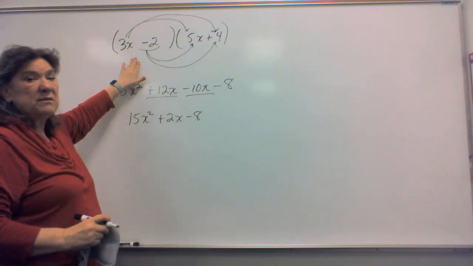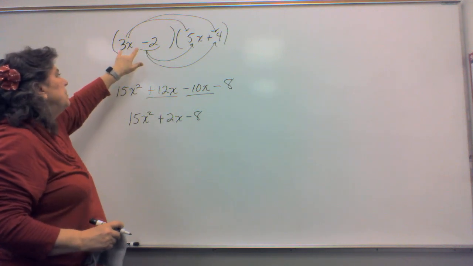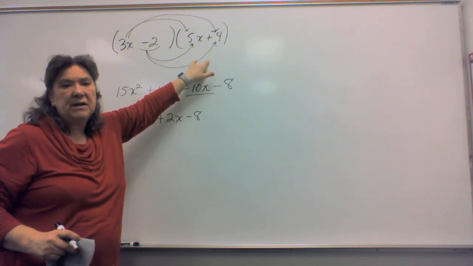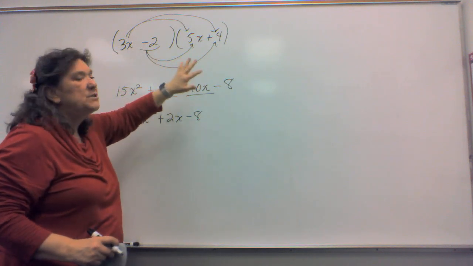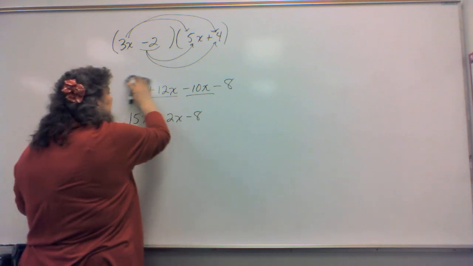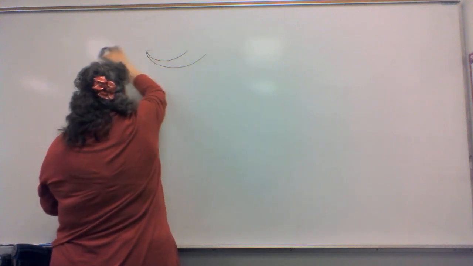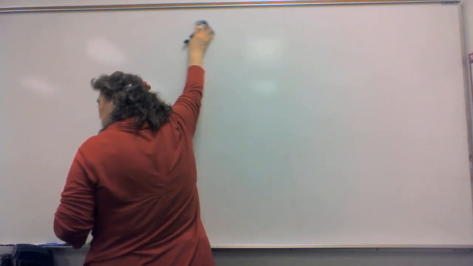Sometimes this is a better way to do it, and FOIL only works when we have a binomial times a binomial, whereas the double distribution will work no matter what you have. Okay, so now let's look at another problem. This was a binomial times a binomial.